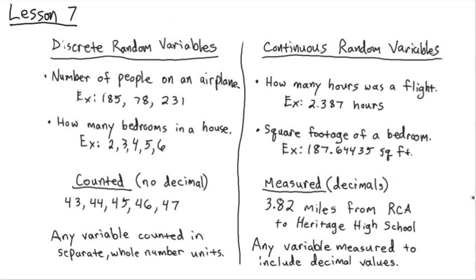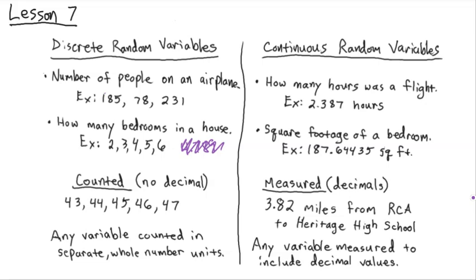Another example, how many bedrooms in a house? A house can have 2 bedrooms, 3 bedrooms, 4, 5, 6 bedrooms, okay? But you can't have 4.789 bedrooms in a house. That's not possible, okay? You either have 4 bedrooms or you have 5 bedrooms.